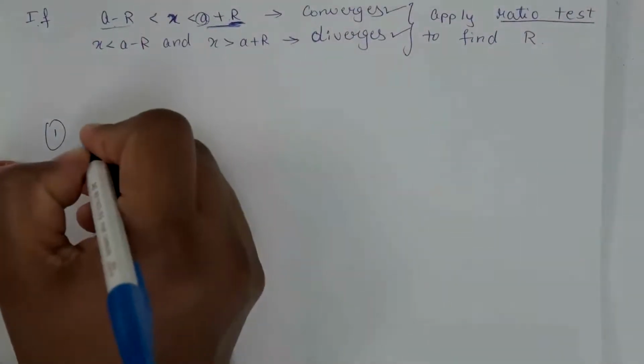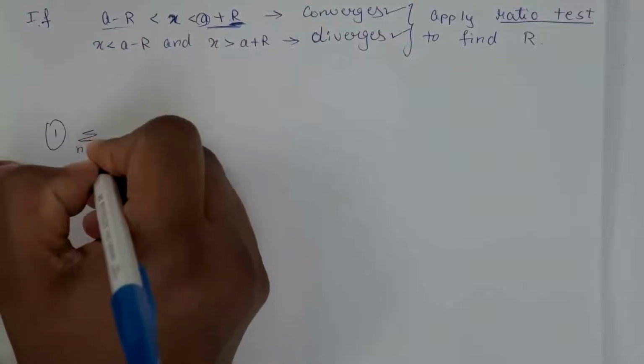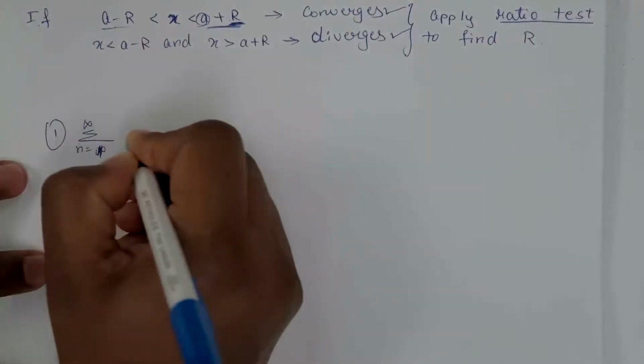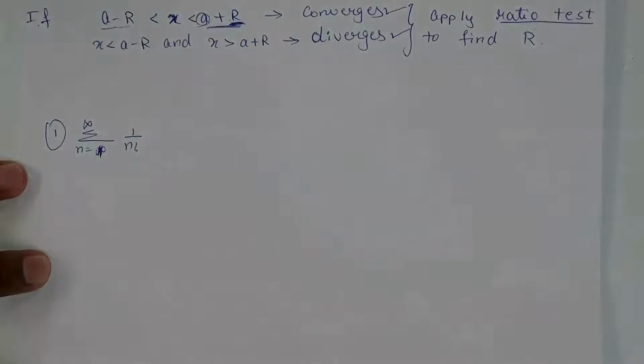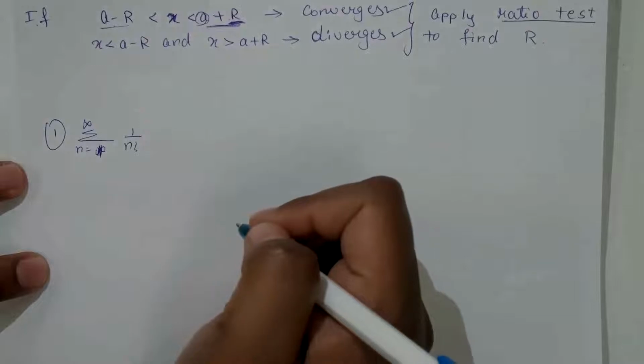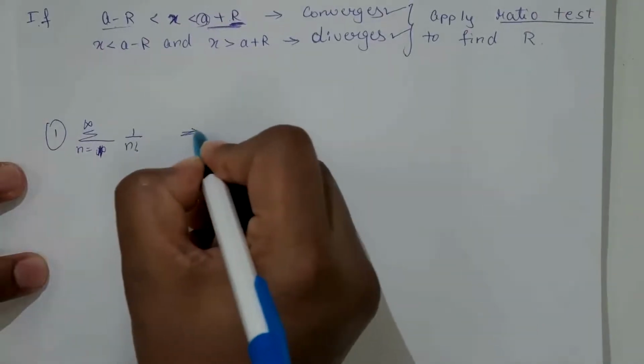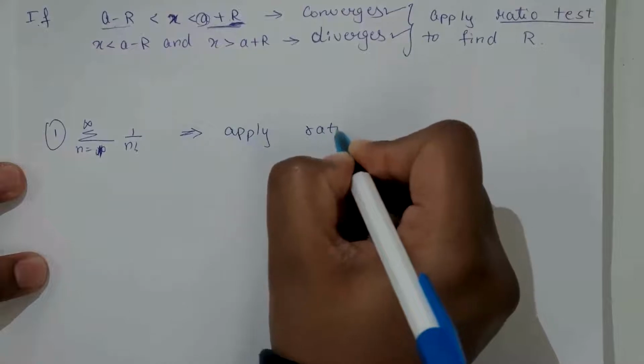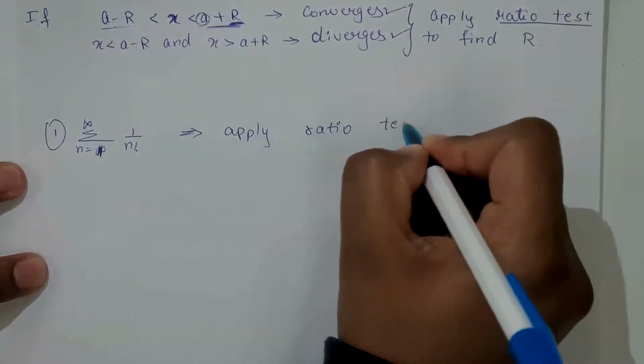So let me start with summation n equal to 1 to infinity, 1 over n factorial, and we will try to apply the ratio test in order to find its convergence.